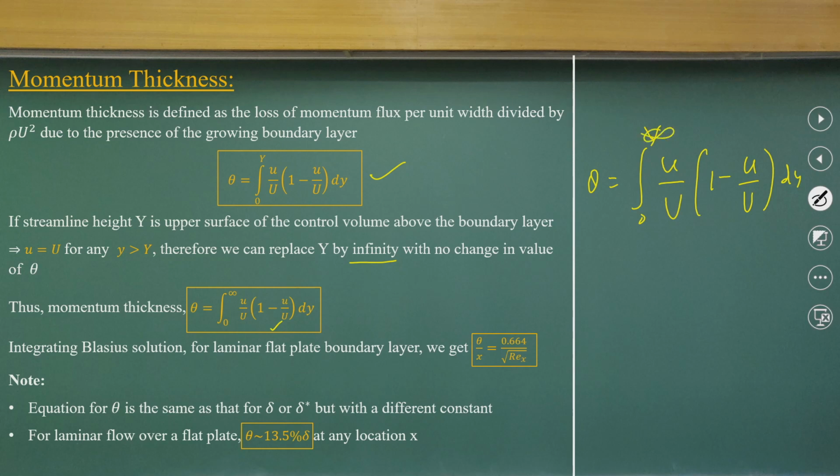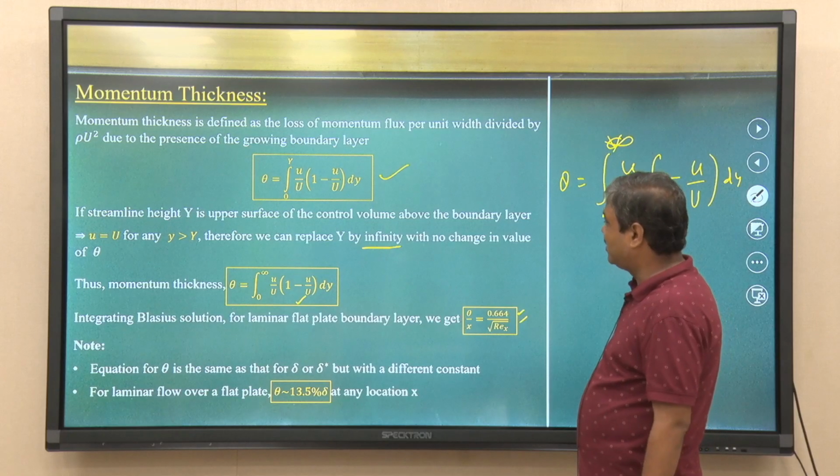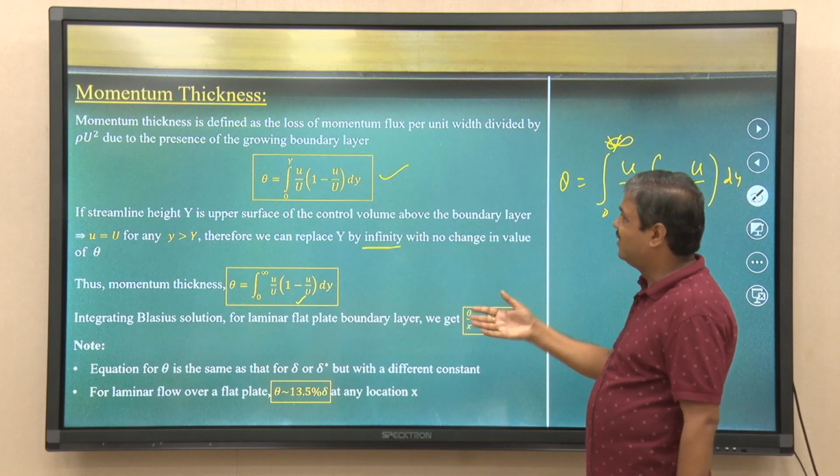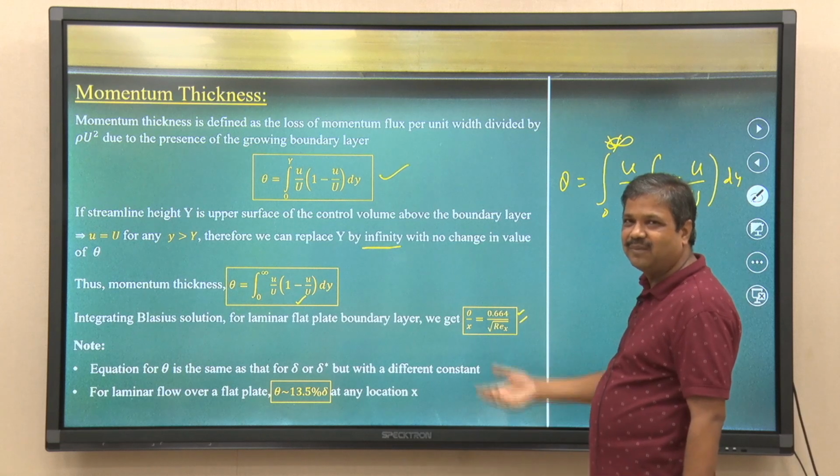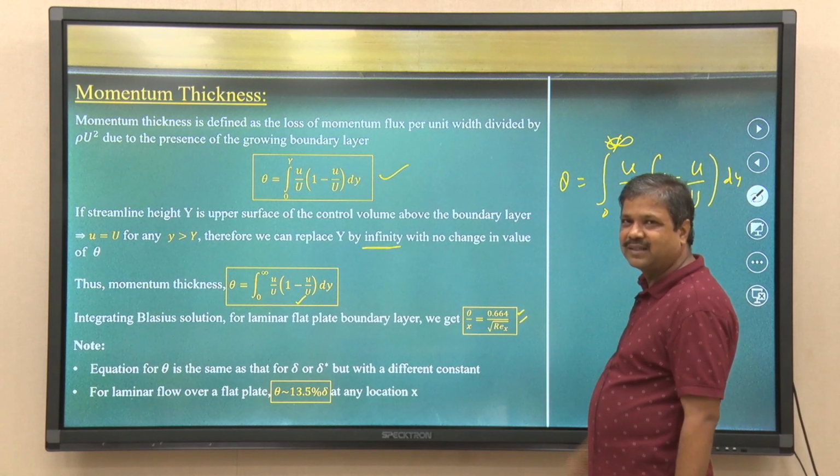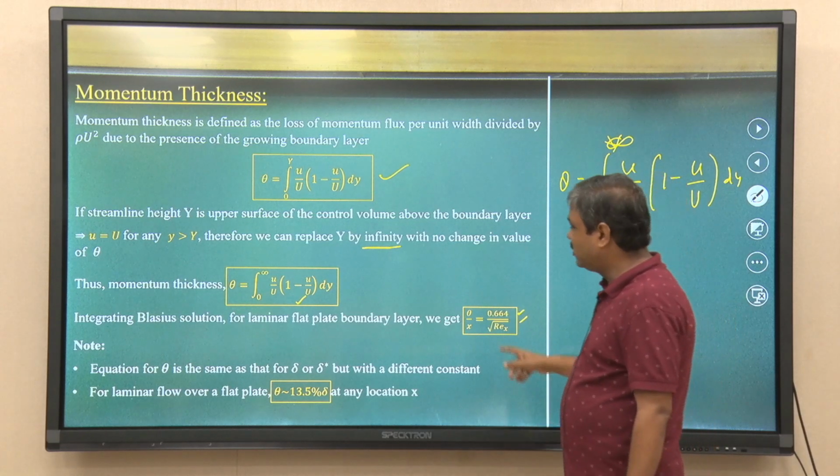So, we can get the momentum thickness, which is equivalent to the skin friction factor. That is what you can understand, because we derived it considering a control volume, or you can derive it from the velocity distribution; both are the same. We just have different naming, momentum thickness or skin friction factors, but both are the same.